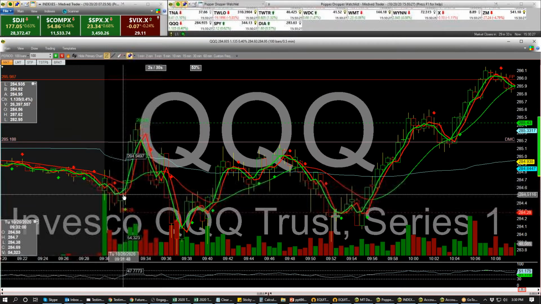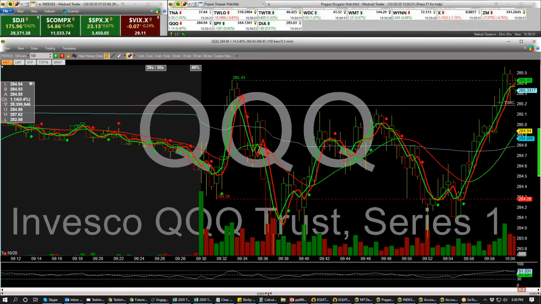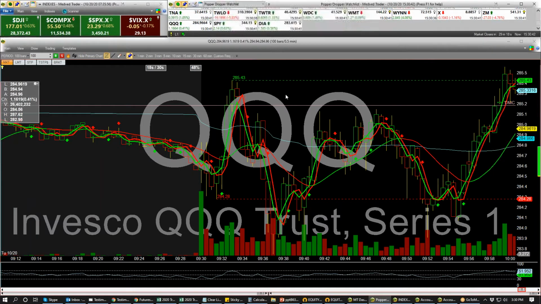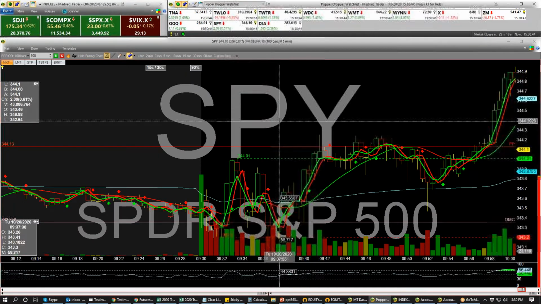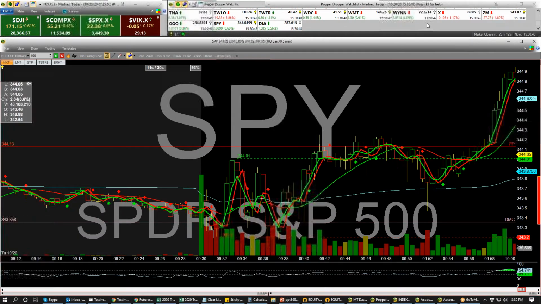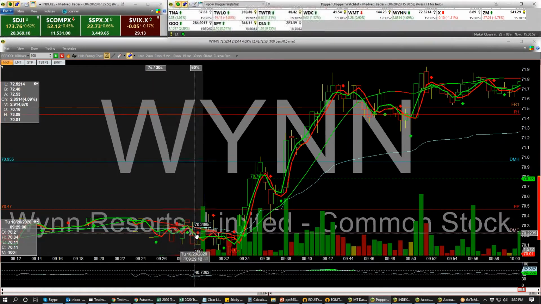Plus, you can see it in the pre-market too. So as long as there's not a big gap, it will help you. But there's definitely something about the volatility that makes it challenging.